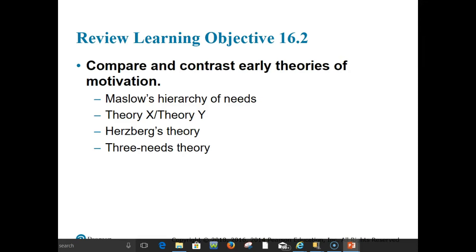A Theory Y manager assumes people like work and seek out responsibility, so they will exercise self-motivation and self-direction. And Herzberg's theory proposed that intrinsic factors associated with job satisfaction were what motivated people.